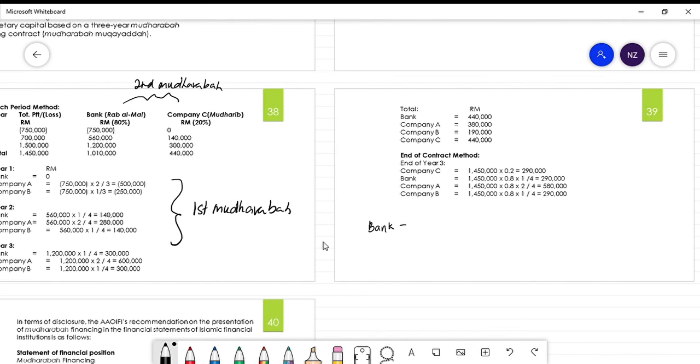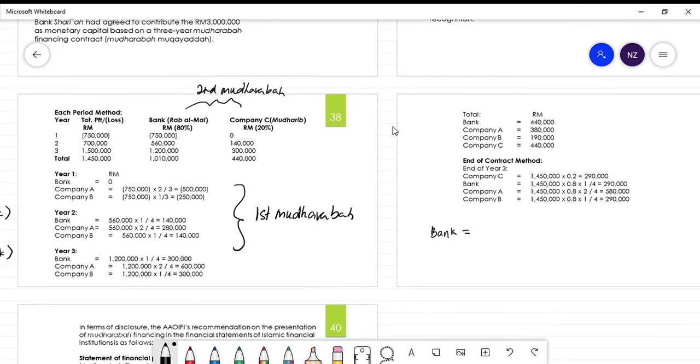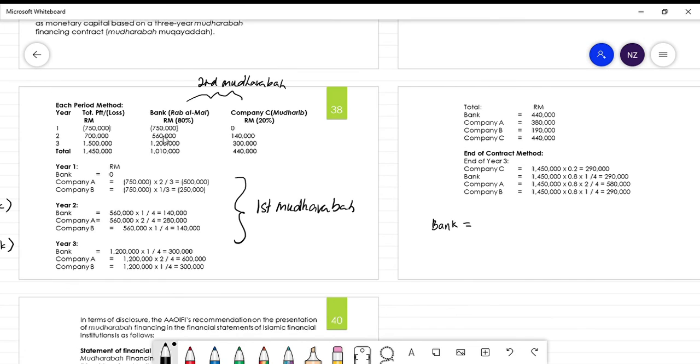Okay, kan tadi bank dapat macam ni dia punya profit dia mula-mula dia dapat 560k, but then kena tolak kan.